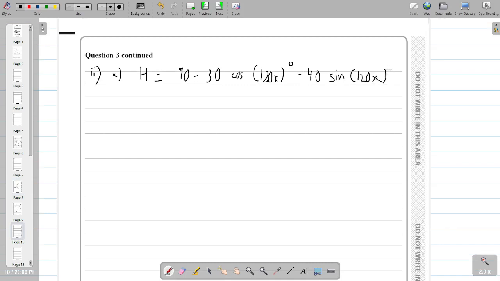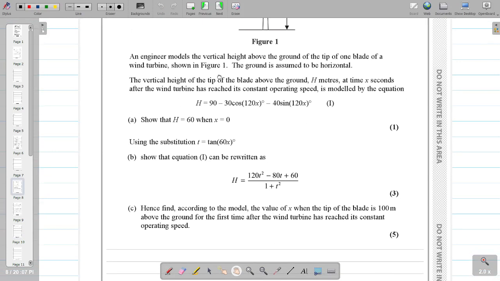All right, so when x equals 0, h is equal to 90 minus 30 times cosine of 0, which is 1, minus 40 times sine of 0, which is 0, so this is equal to 60. Shown. All right, pretty easy. Just substitute values and know what you're doing. Pretty easy, 1 mark.